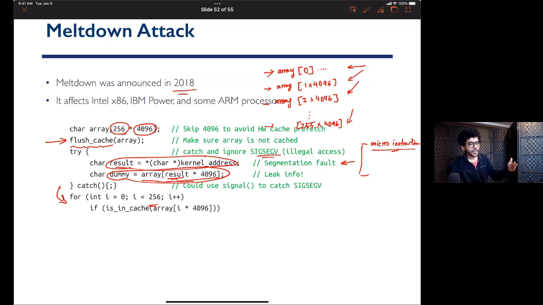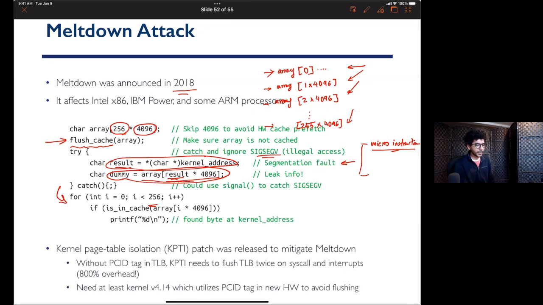I can just read array[i * 4096] and I can time this instruction. I can see how long it takes for me to read this address.